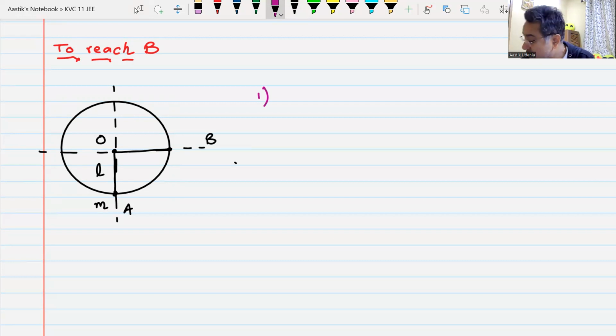No one knows it. So the condition would be: tension at point B should become 0, just reaches that point. But the good thing is, as soon as the tension becomes 0, one more thing becomes 0 automatically.